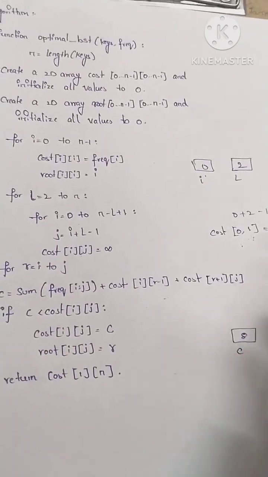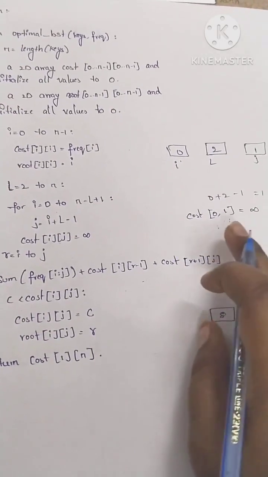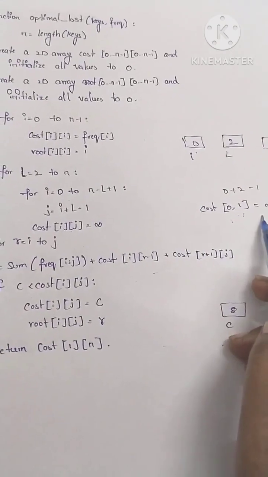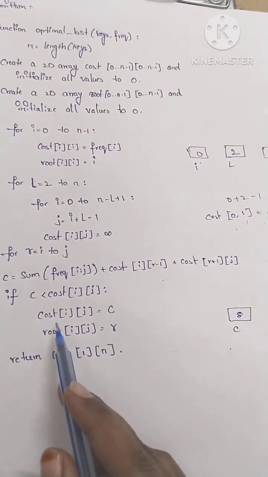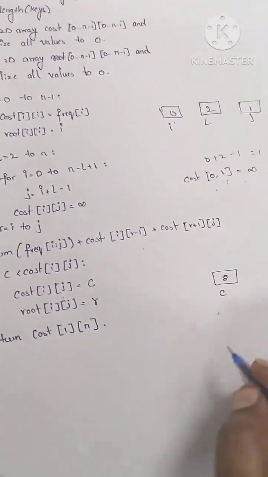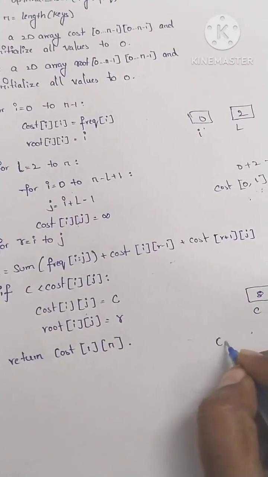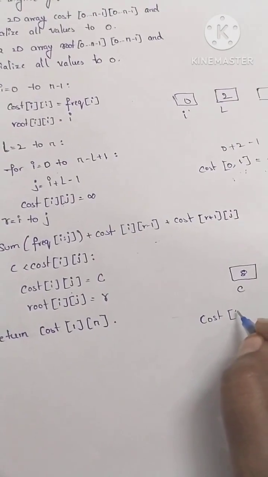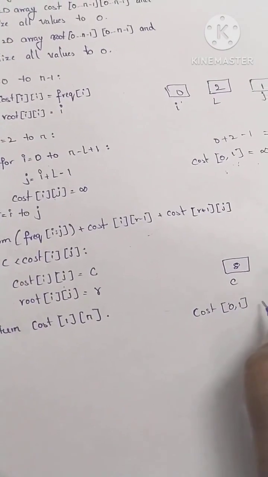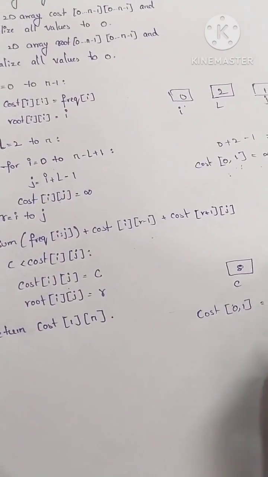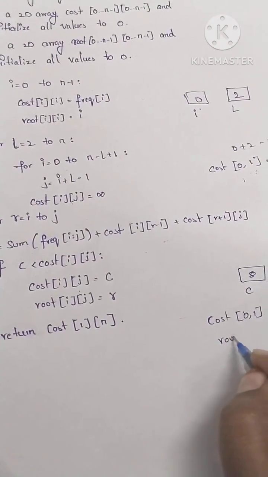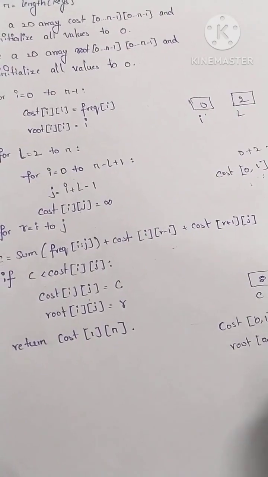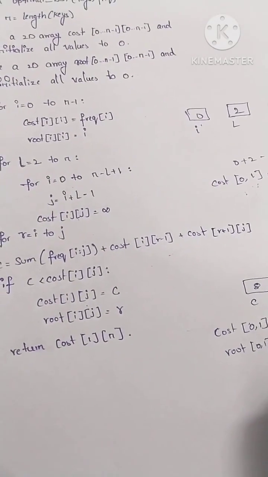C is less than infinity, where we have initialized it with infinity. The C value is less than cost of I comma j. So we change the cost of 0 comma 1 to 8 and root of 0 comma 1 to 1.